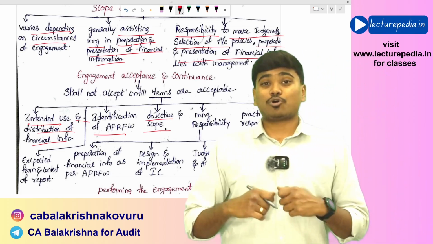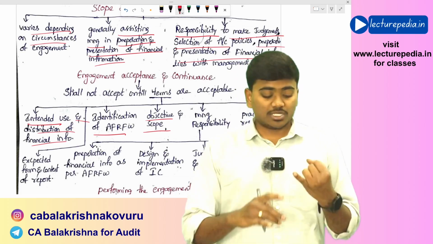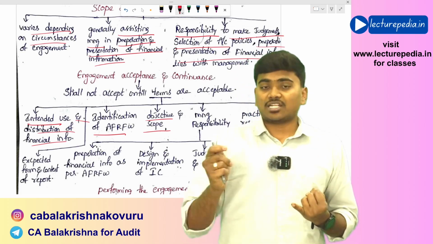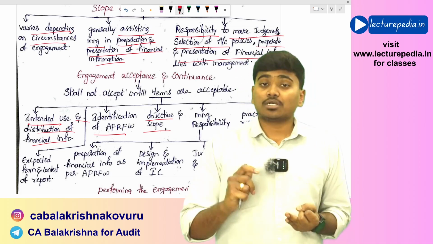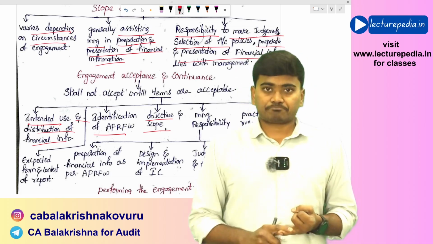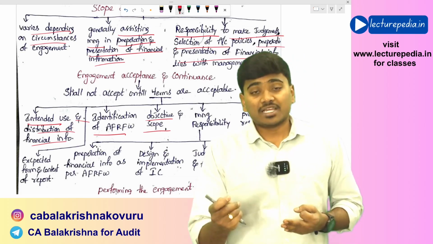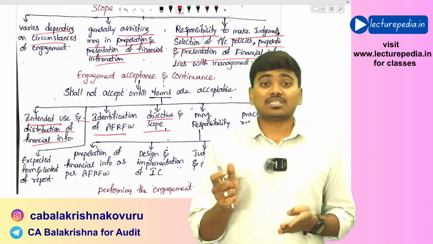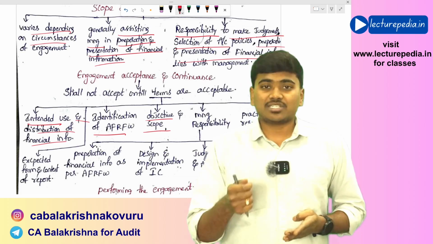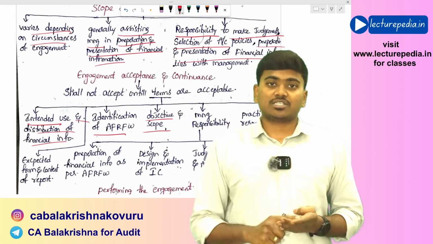And what is the responsibility of management? It is the responsibility of management to prepare the financial information as per the applicable financial reporting framework, to establish internal controls, to select accounting policies and make various judgments, and finally the accuracy of the documents and information submitted to the practitioner for preparation of financial information.